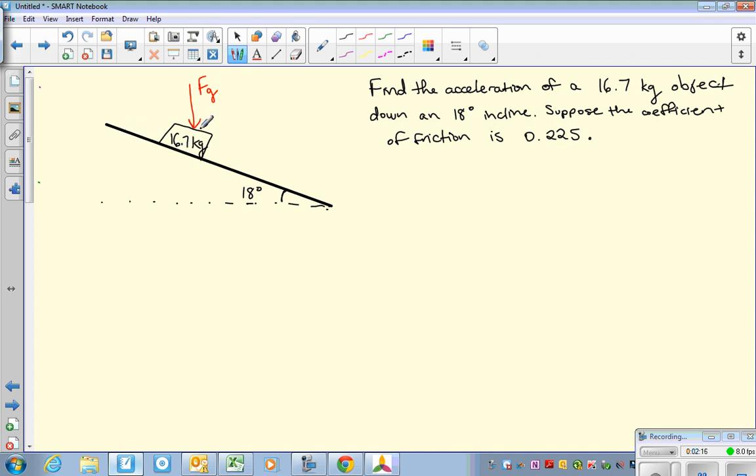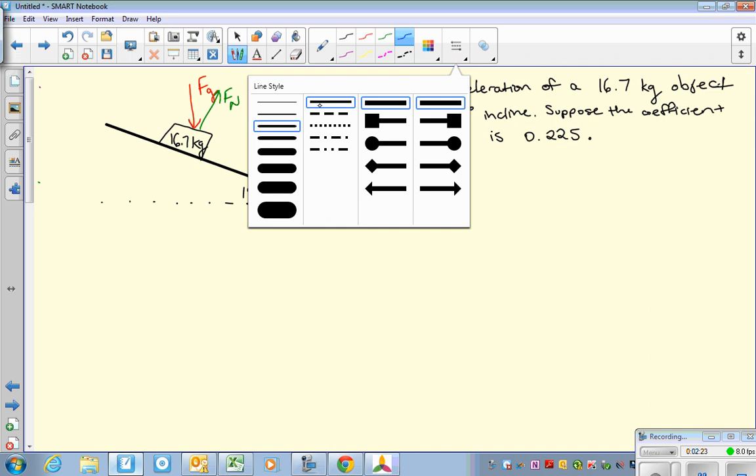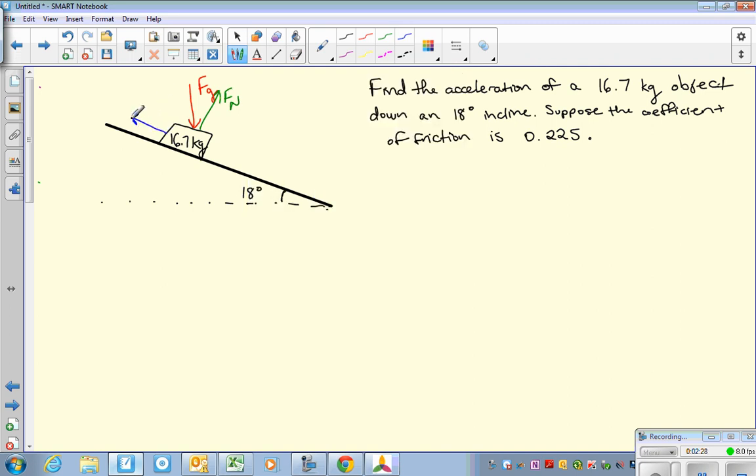So I have my normal force acting in that direction. I have my friction force opposing the motion of the object. So if the object is sliding down the ramp, friction is going up the ramp against the bottom surface of the object. And then I also, let's see, am I missing any other ones?